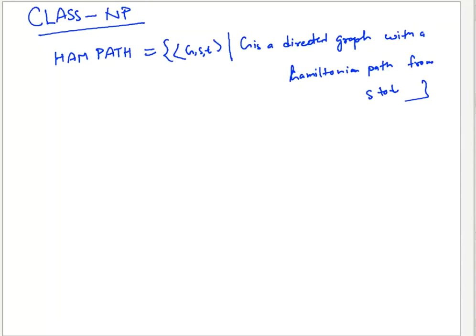It is the path which visits all the vertices exactly once, as far as I remember. Good. I think you have studied it in graph theory or discrete math somewhere, right? Yeah, discrete maths too. Good.